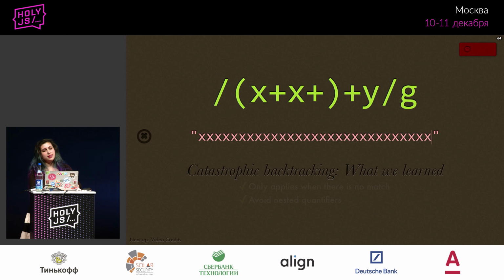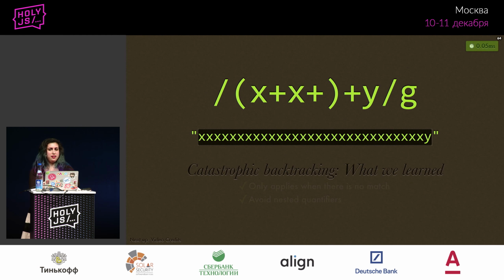And now, I'm not going to add another x, 4 seconds. If I add another x, I think it goes to like 10 seconds. So you can see that it's not just a theoretical concern. It's not just something that happens in very tight loops or huge strings. This is real. Of course, it only happens when it doesn't match. If there is a match, it's very fast again. See, when there is a y at the end, super fast again.